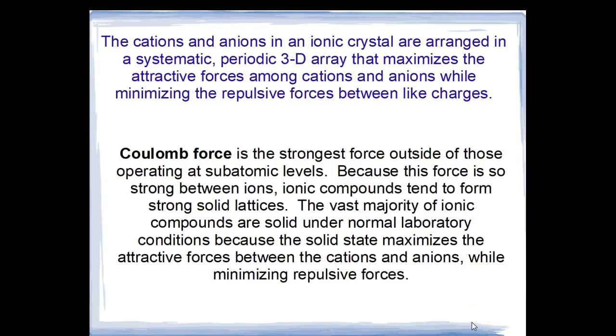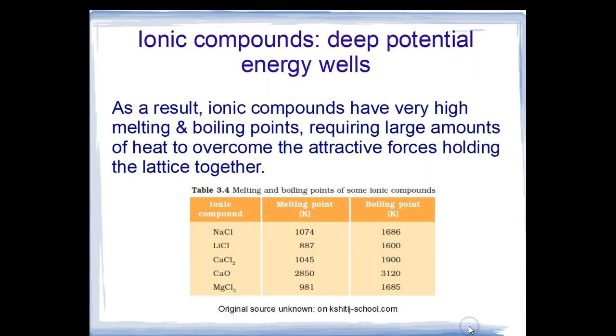Remember from first semester, the Coulomb force is the strongest force outside of those that operate within the atom. This force is so strong between ions that ionic compounds tend to form very strong solid lattices. The vast majority of ionic compounds then are solid under normal lab conditions because the solid state maximizes attractive forces and minimizes repulsive forces.